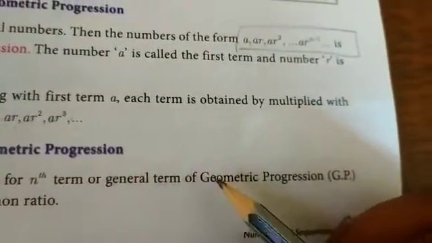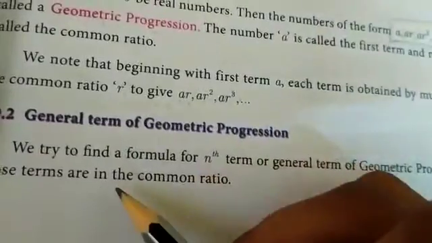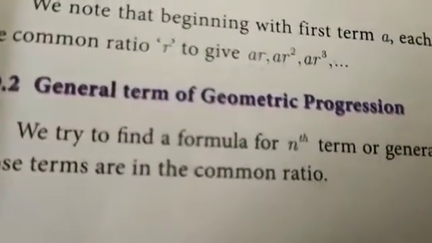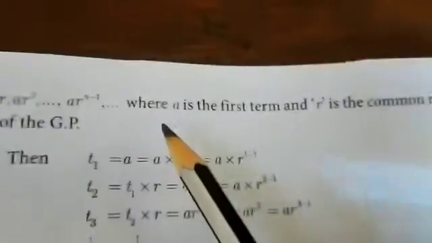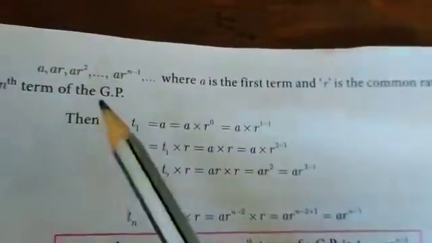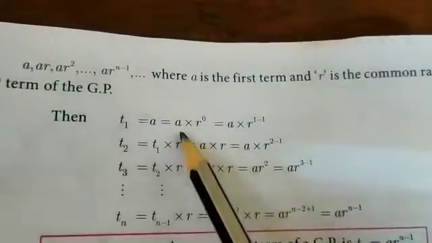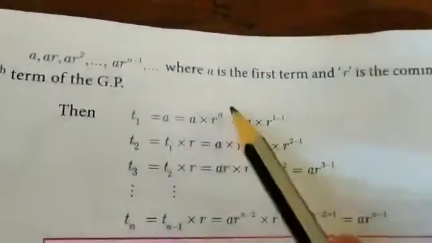Okay. So the general term of a geometric progression: we will try to find the formula for the nth term of a geometric sequence, that is GP, whose terms are in a common ratio. So you can see A, AR, AR square, till AR power n minus 1, where A is the first term and R is the common ratio. Let Tn be the nth term of the GP. Then T1 equal to A into R power 0, that is 1. Okay, anything power 0 is 1 only.